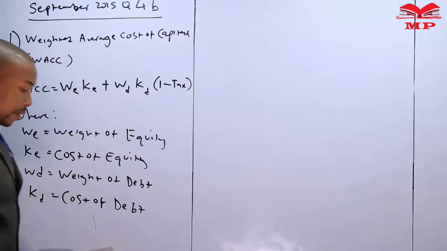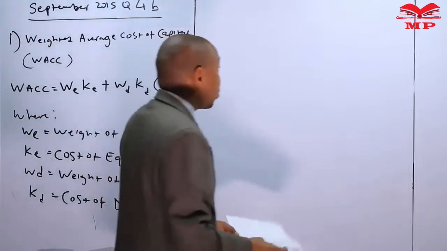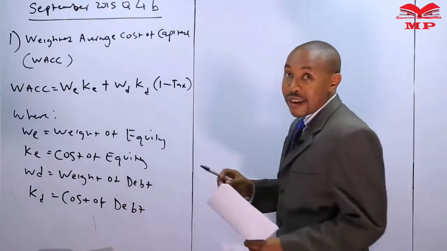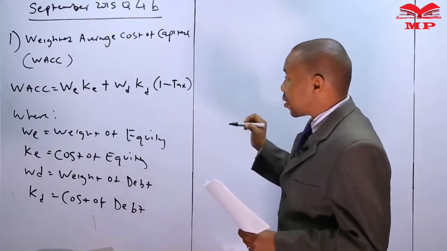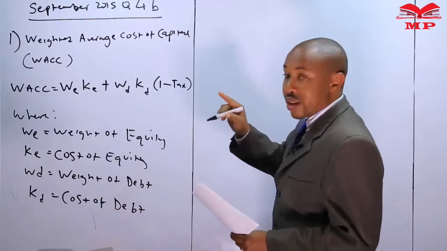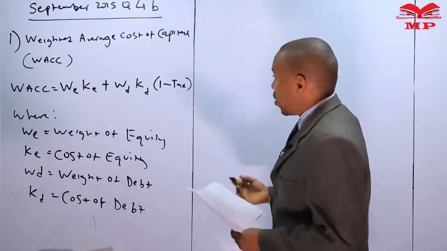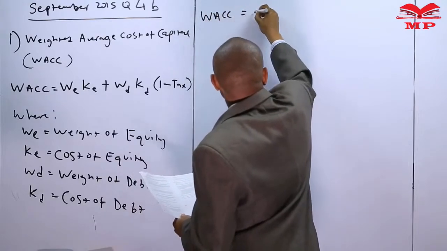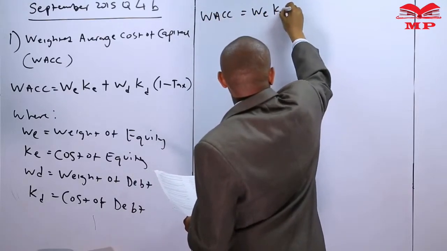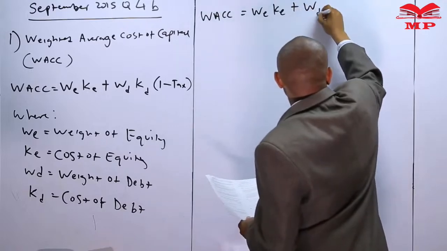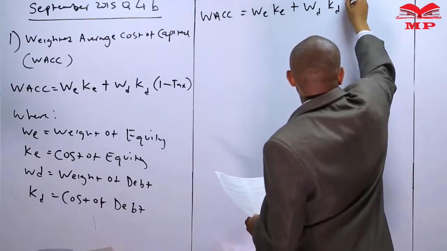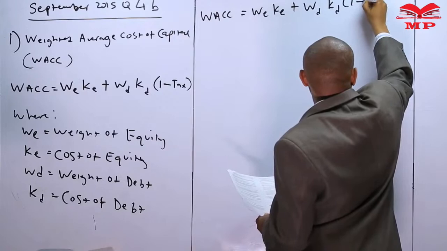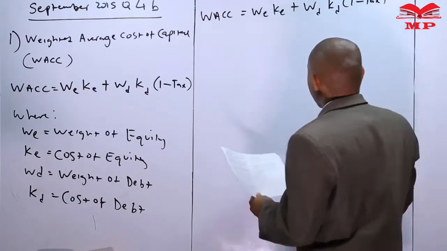Now, once we have defined what those inputs are, we need to go back to the question and try and identify what inputs exist. If they all exist, we just plug them in and then we just get the WACC. So WACC is given as weight of equity, cost of equity, plus weight of debt, cost of debt after tax, 1 minus tax.